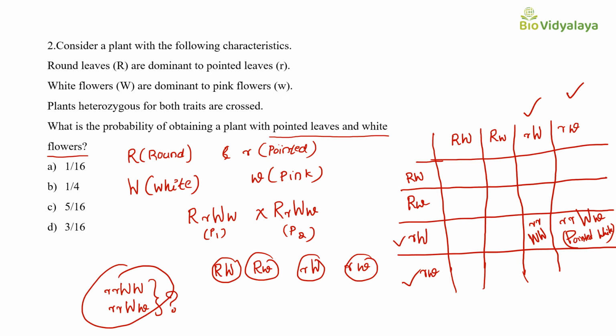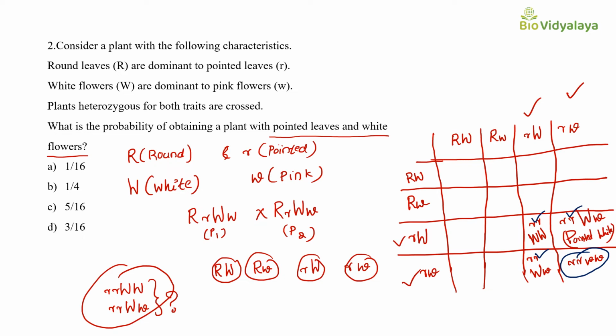Next, here small r, capital W, small w. Here small r, small w. Okay. Here you can see that this is pointed leaves with white flowers. This is pointed leaves with white flowers. This is also pointed leaves with white flowers. This is not. This is pointed leaves with pink flowers.